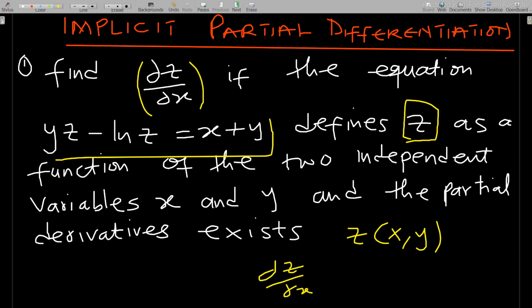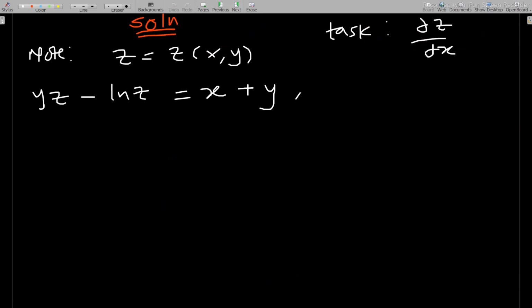The only way we can do this is using implicit differentiation. So let's start. Like I said, we should note that z is a function of both x and y, and our task here is to find del z del x.